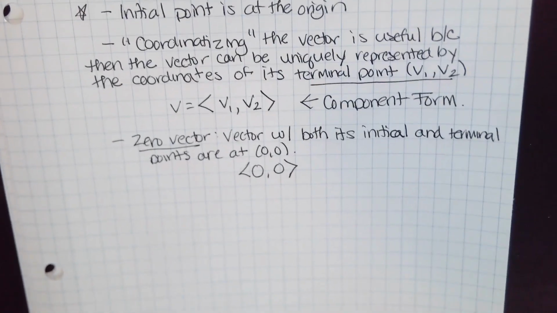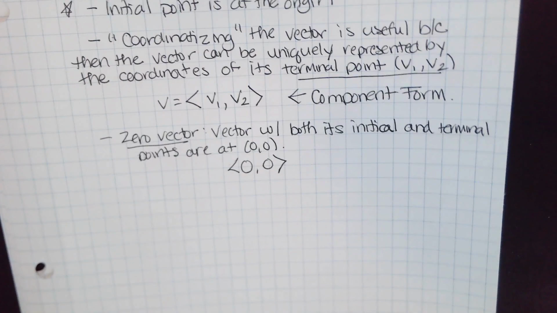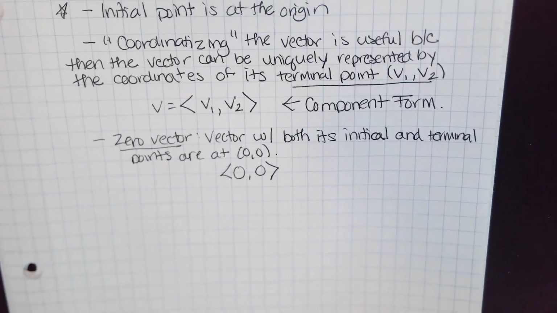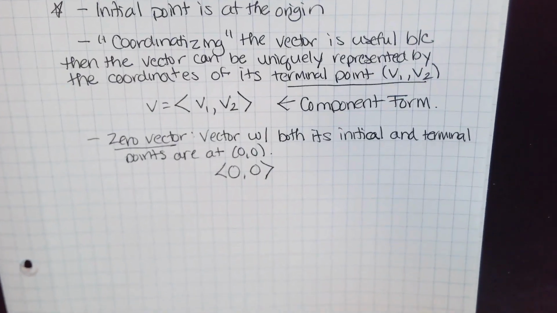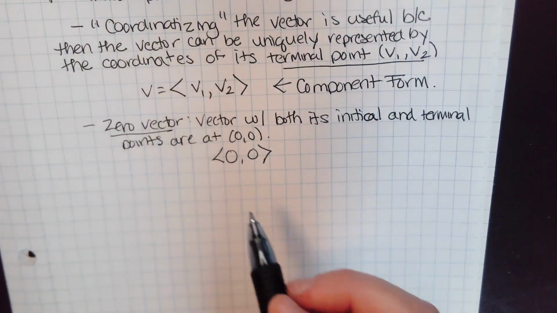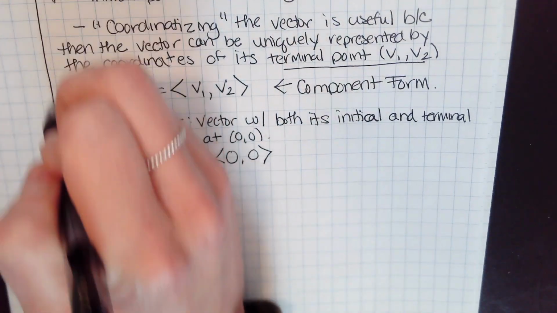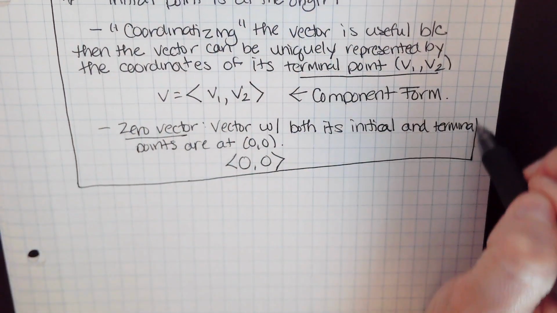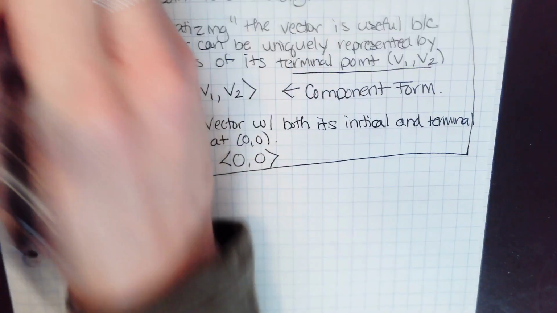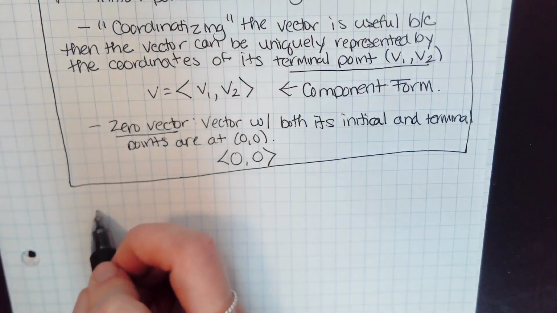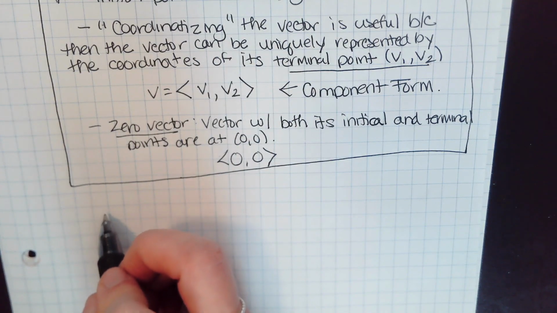So now let's talk about our formulas for magnitude and for finding our vectors as well. That's all for component form. Now we're going to talk about some formulas.